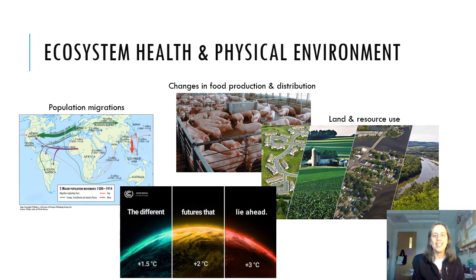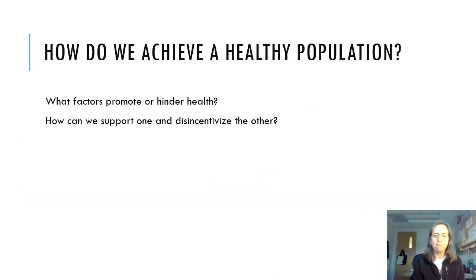So I'm glad you've taken this course and have started to think about all the different ways we can problem solve, ways to keep the population healthy. So this entire course has been about how can we achieve, how can we promote, how can we increase the likelihood that we will have a healthy population, right? So it's all about health at the population level.